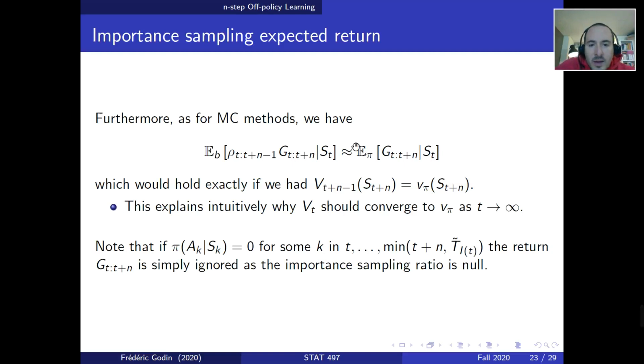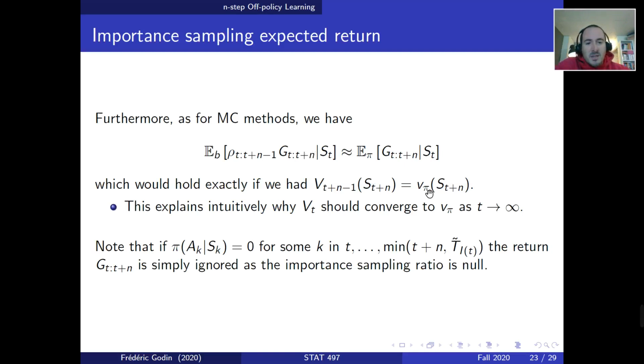Now, why do we have this approximation? It's because in the target, recall that the last term here is the bootstrapping term, which estimates the expected value of all rewards after time t plus n through the current estimate of the value function. If our estimate of the value function in n time steps was exactly equal to the true value function, then this equality would be exact, because the return would be an unbiased estimate of the value function.